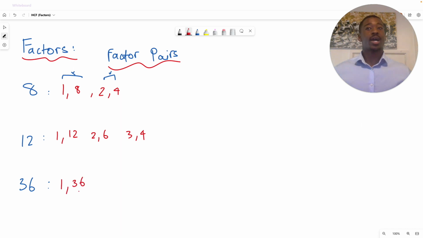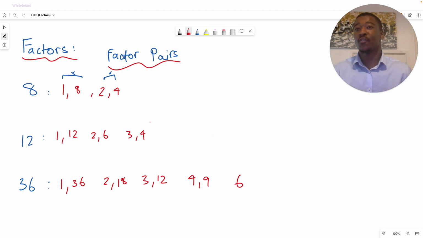But then we also have 2 and 18, 2 times 18. We also have 3 and 12. We also have 4 and 9. 4 times 9 is 36. And finally, we have 6, because 6 times 6, 6 squared, is 36. So can you see that it's really important that we have strong times tables?